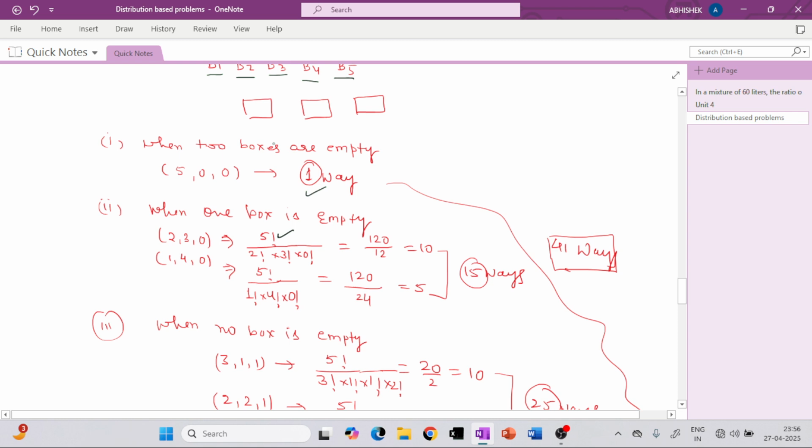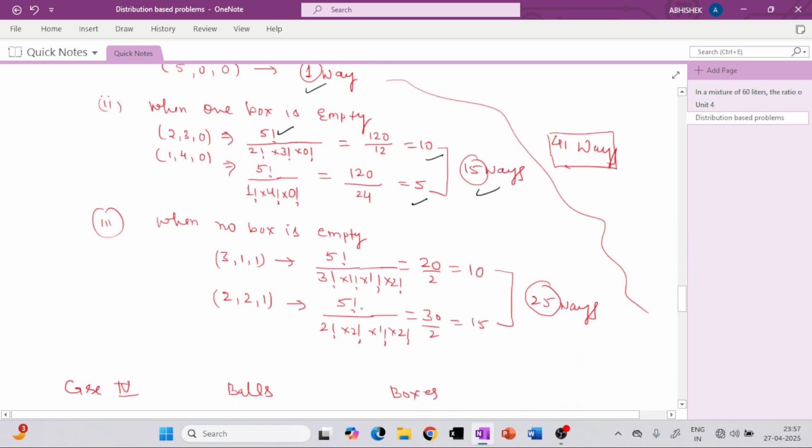No, if these 3 balls are kept inside one box, it is considered only one way. So the arrangements within a box must be removed: 5 factorial divided by 3 factorial and 2 factorial, 120 upon 12, that is 10. Now for 140, 5 factorial upon 1 factorial, 4 factorial, it will be 5. So it becomes 15 ways in this case.